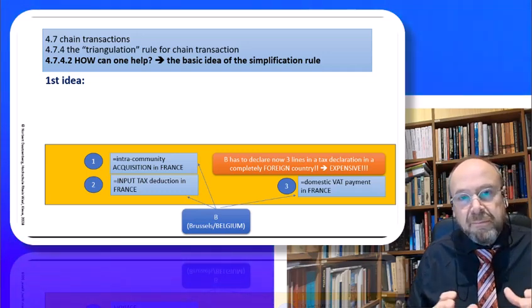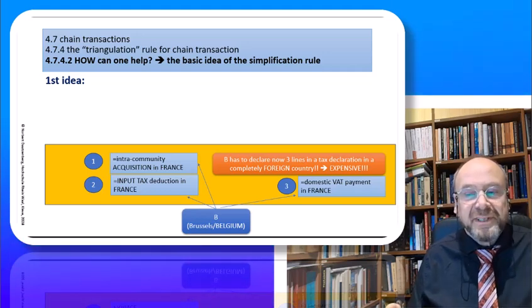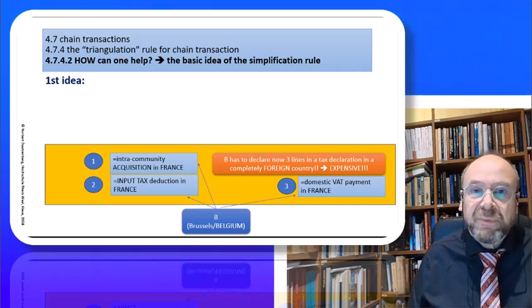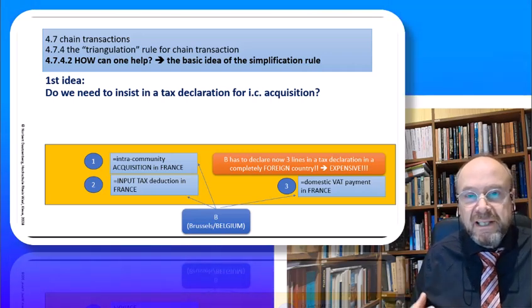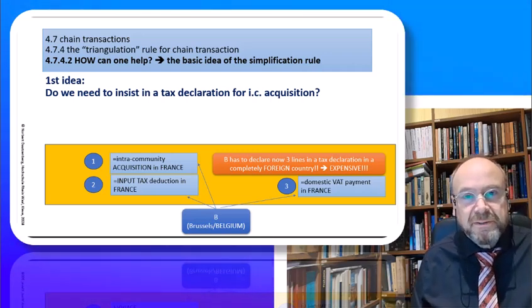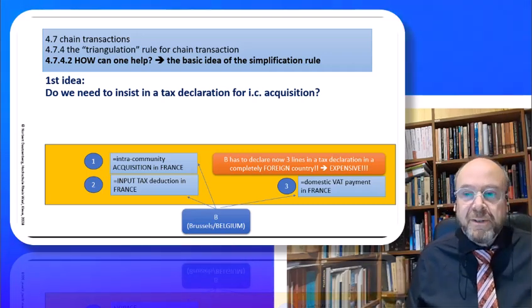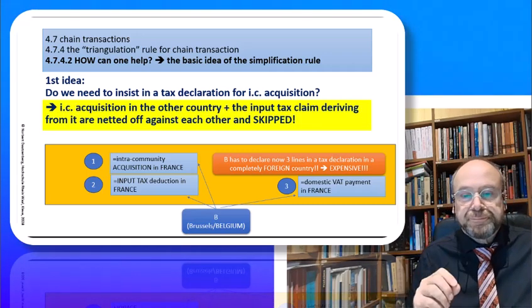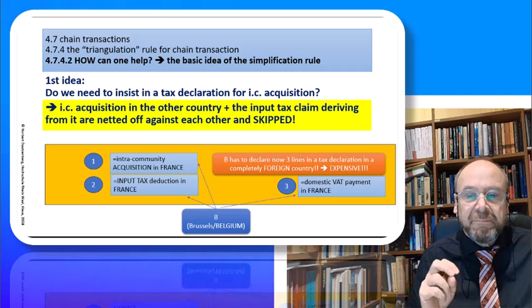The problem is, however, B in the middle, the guy with the three lines in the foreign tax declaration. How can we perhaps try to help him? The first idea which people had in mind when they thought about a legal simplification rule for his situation was, do we really need to insist that he fills in a tax declaration for the IC acquisition? Because he will automatically get a complete input tax refund claim.